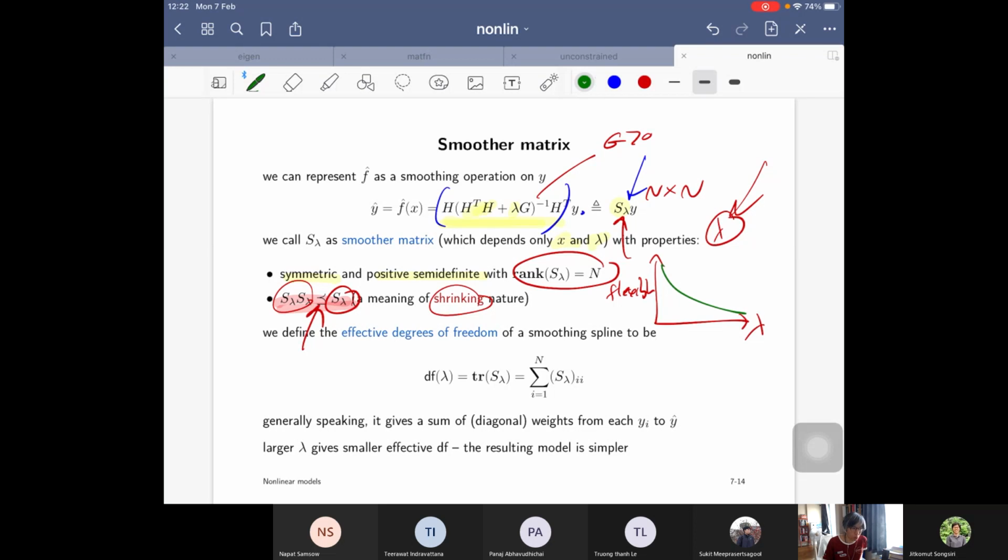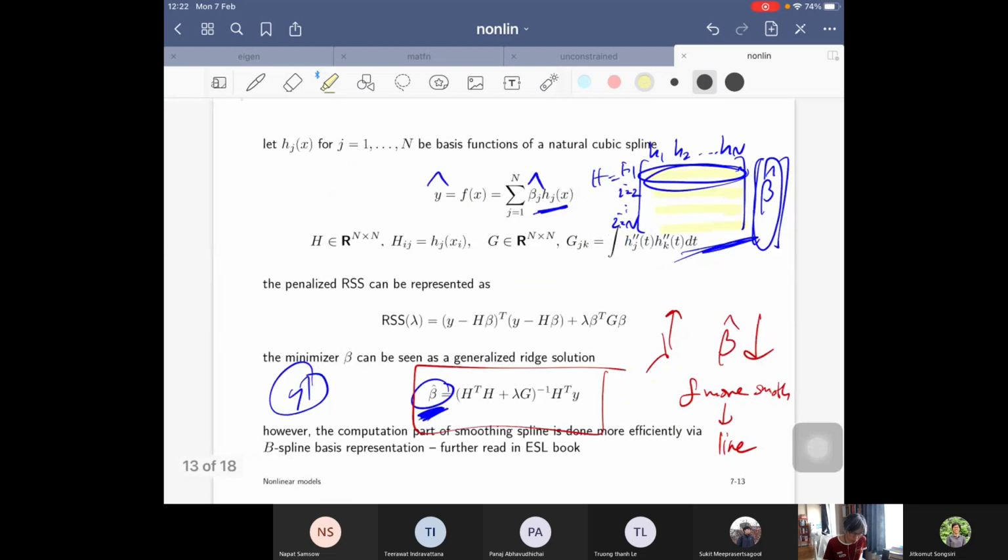We use the concept of effective degrees of freedom, which can be measured from the smoother matrix. The effective degree of freedom of a smoothing spline, or DF, which depends on lambda, is defined as the trace of the smoother matrix. The trace is the sum of the diagonal. Agree?